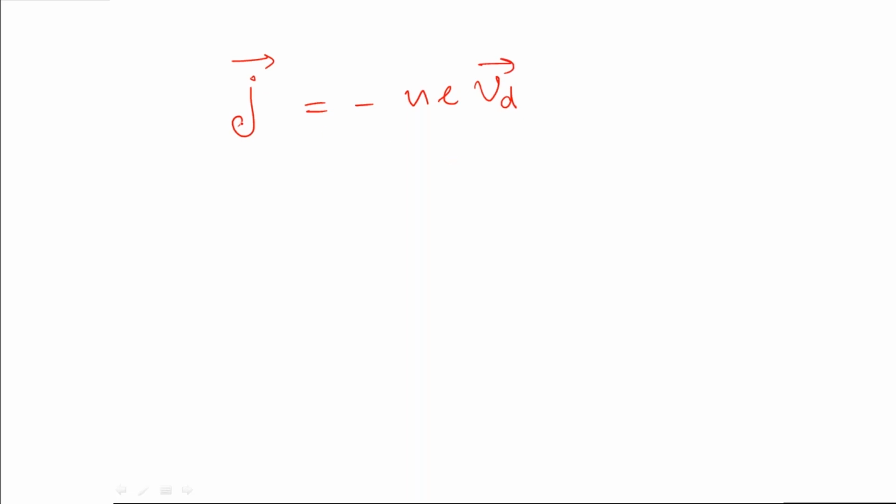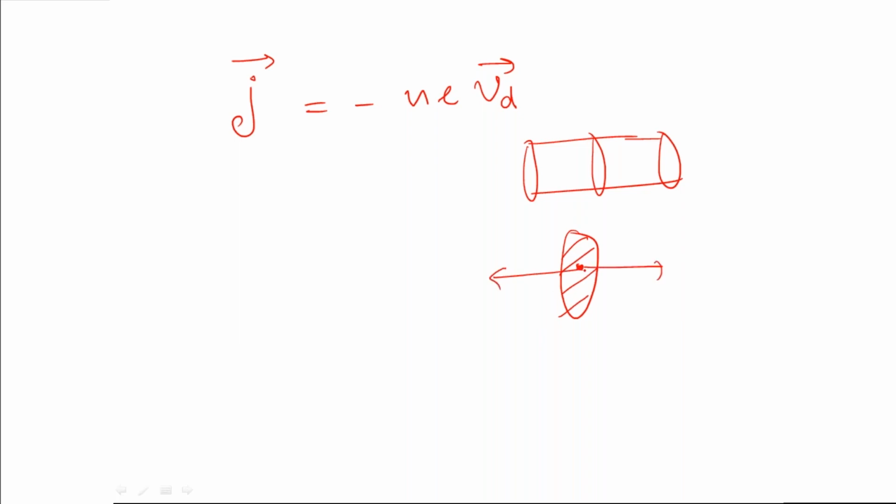See, what is current density actually? Suppose this is an area. Area always has a vector. How do you find the vector? The vector will be the outward normal, this way or this way. If you keep it vertical, in both directions you can write the normal vector: if this is n, the other is minus n.